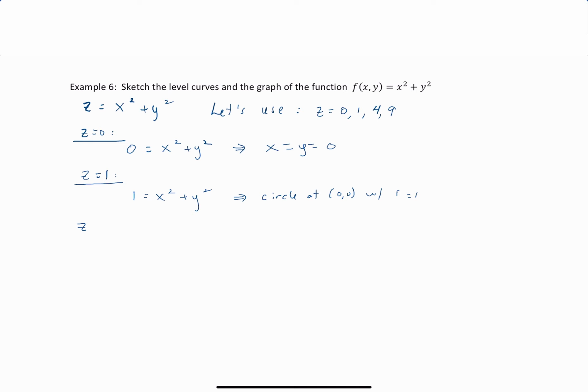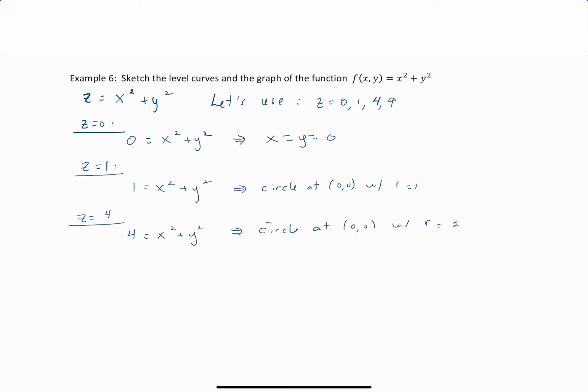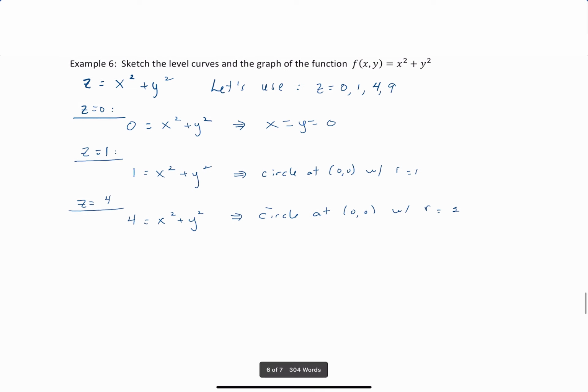What about when z equals 4? Then we have 4 equals x squared plus y squared, which is a circle centered at the origin with radius square root of 4, which happens to be 2. The reason I picked both 1 and 4 is because they're perfect squares. So it's easy to see what the radius is.